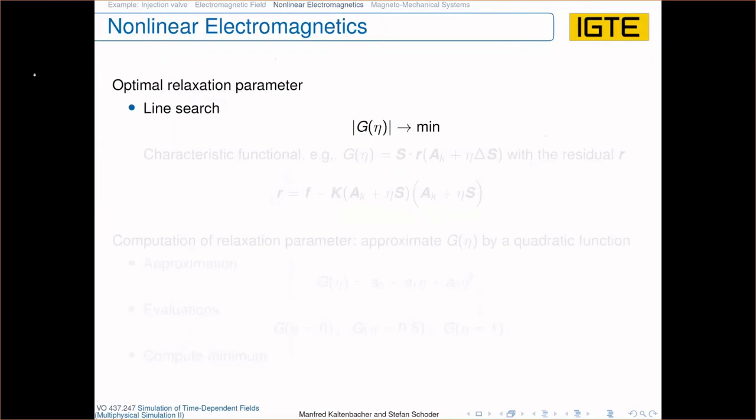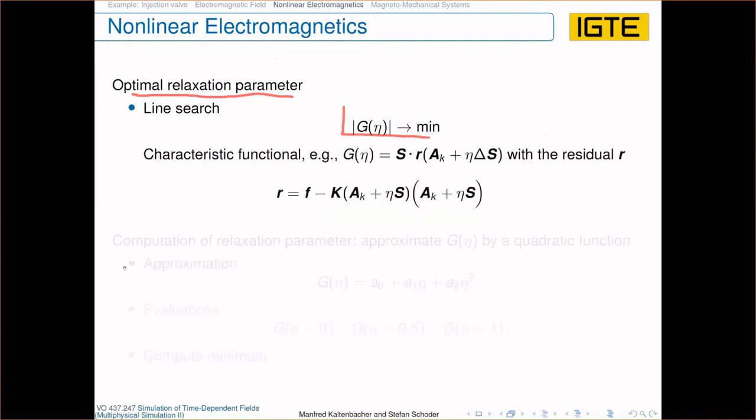Now let's have some details on this parameter eta, and clearly it would be great if we can find a method to get the optimal, as it is called, relaxation or line search parameter eta. For this we have to set up a functional as shown here and minimize it. What could be a functional? A functional for this could be the following, that we project the increment on the residual.